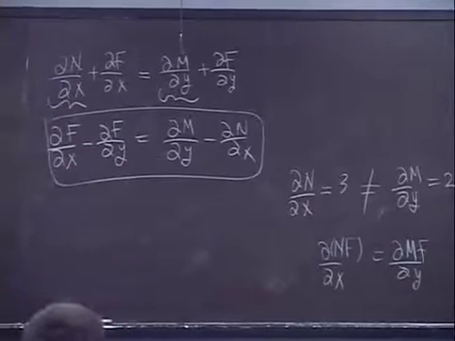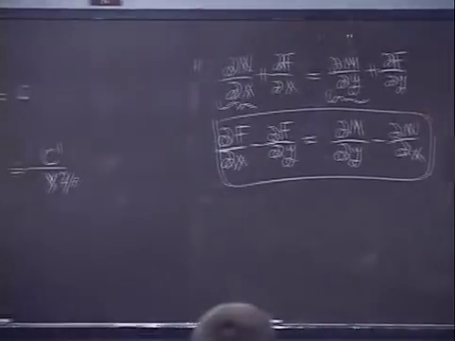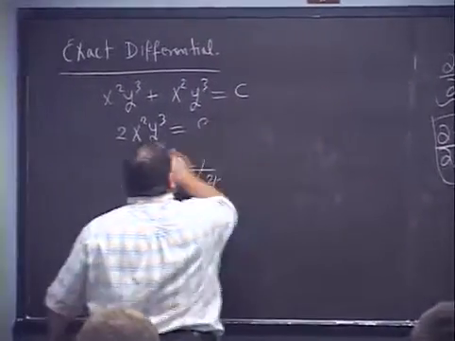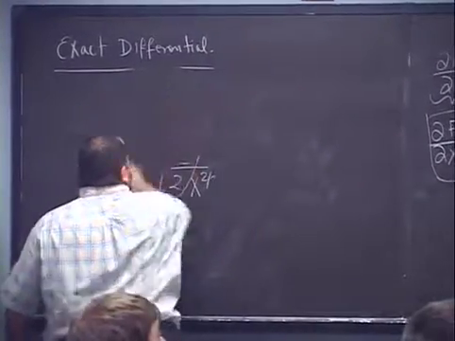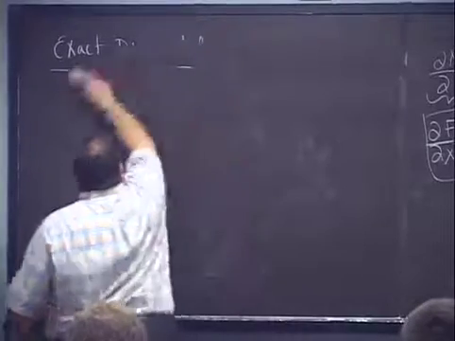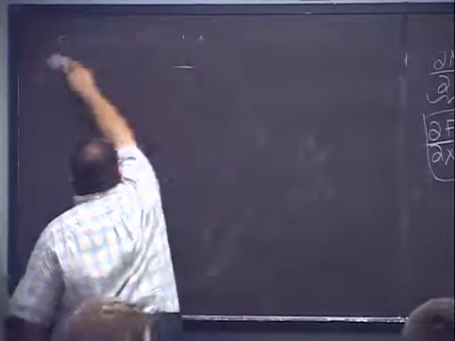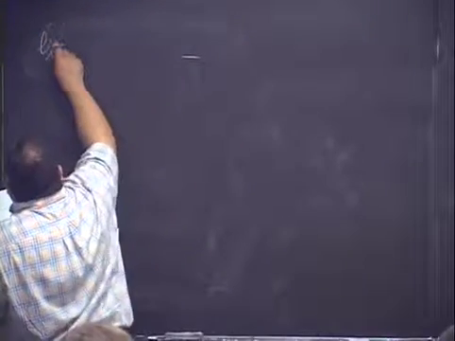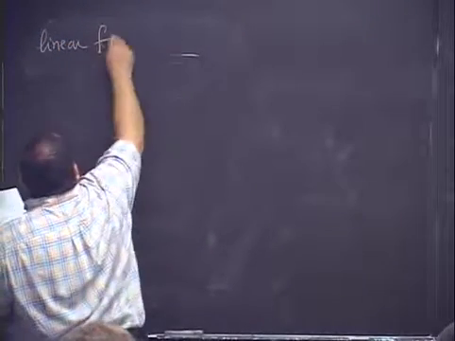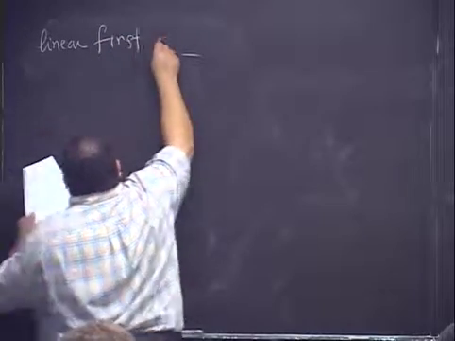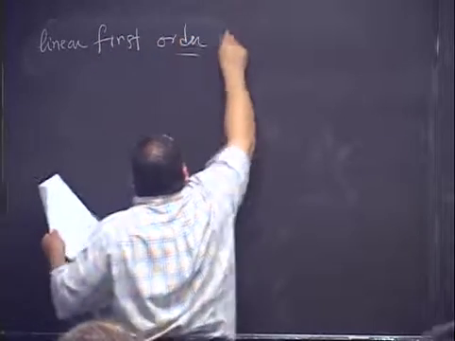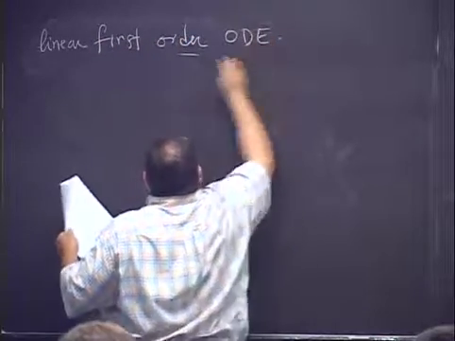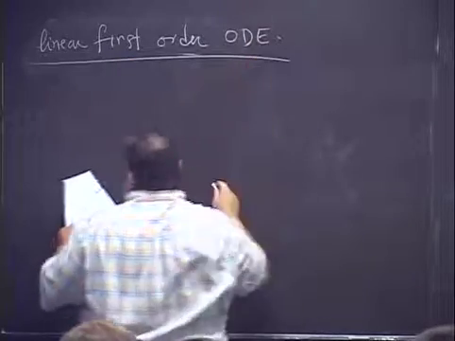Now, let's move on to the second type of equations. We studied what? The separable method, the exact method. Then we will look at the linear first order ODE, how to solve the linear first order ODE.